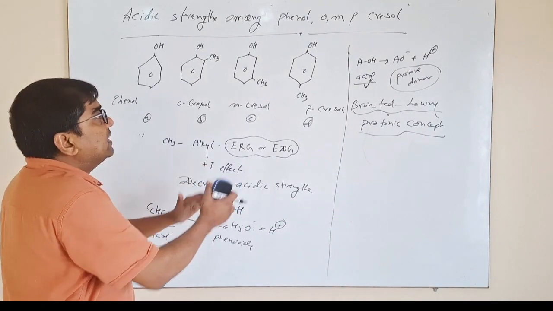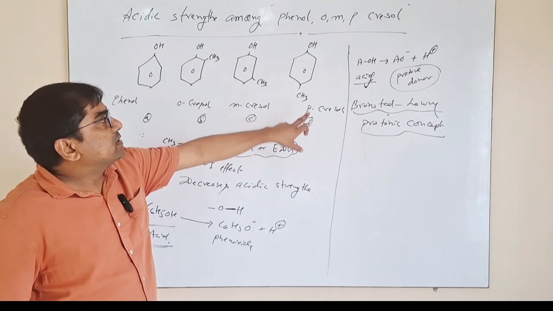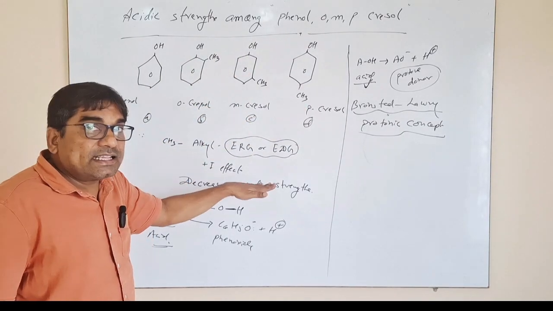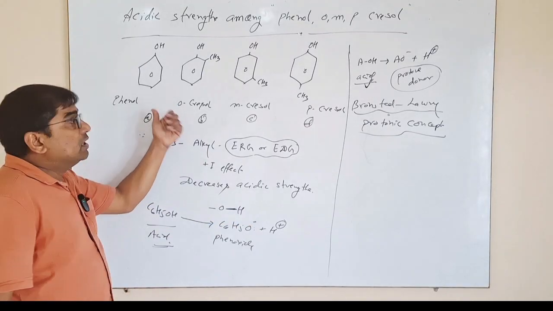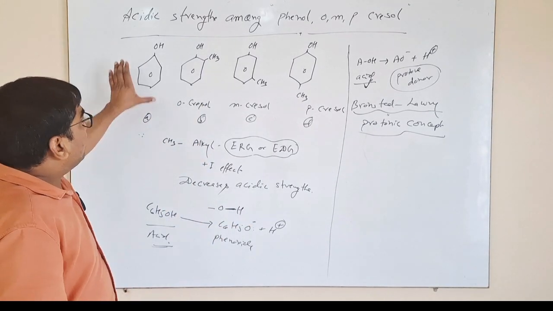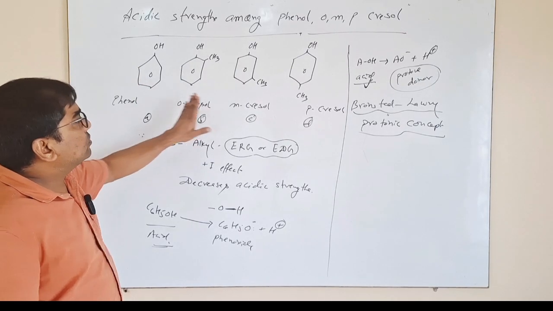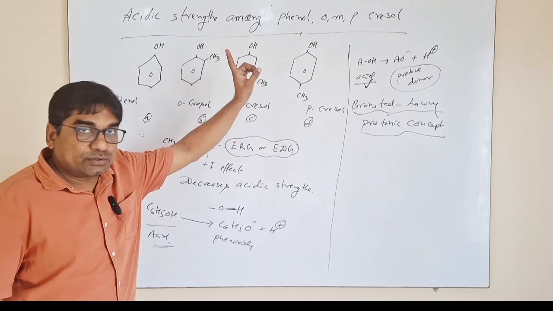So it is clear that ortho, meta and paracresol are less acidic than phenol.